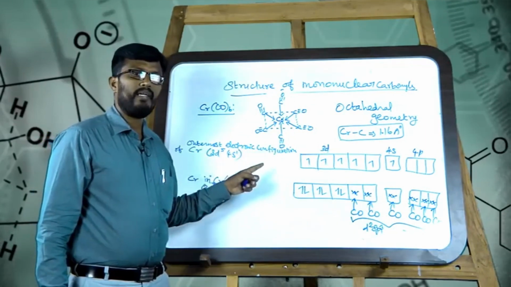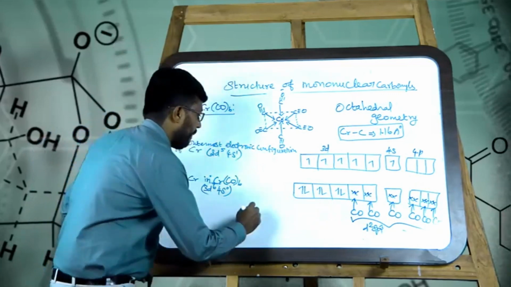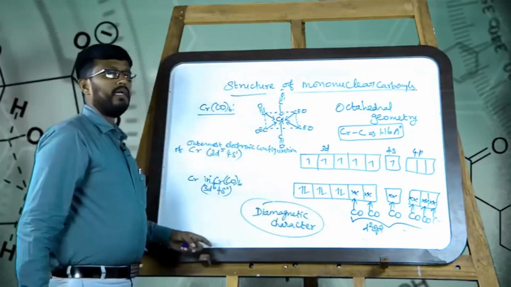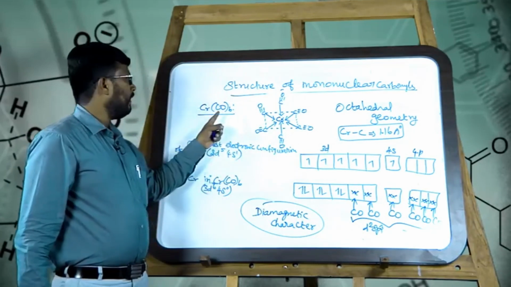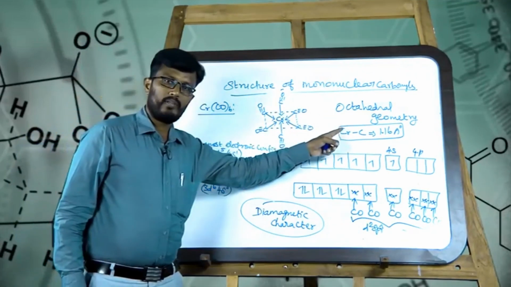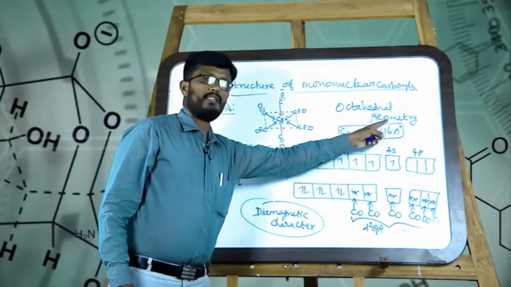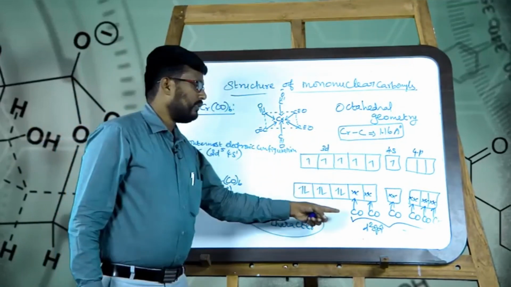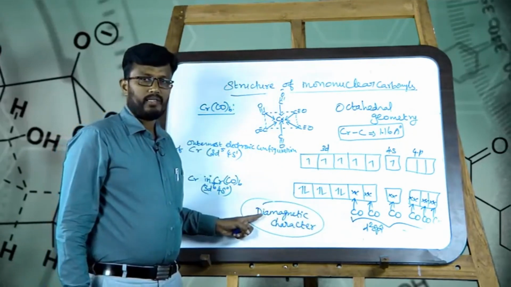With the absence of unpaired electrons, chromium hexacarbonyl is diamagnetic. So to summarize, chromium hexacarbonyl has octahedral geometry. The chromium-carbon bond length is 1.16 Angstrom. It is d2sp3 hybridization and it is diamagnetic.